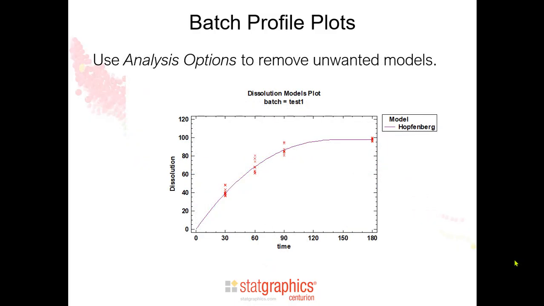You can also use analysis options to remove unwanted models to simplify the plot. Here you see the best fitting model for test 1, which was the Hopfenberg model. It does a very good job of picking up the patterns in the data.